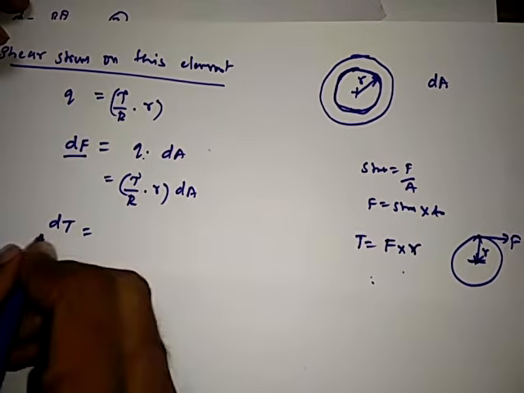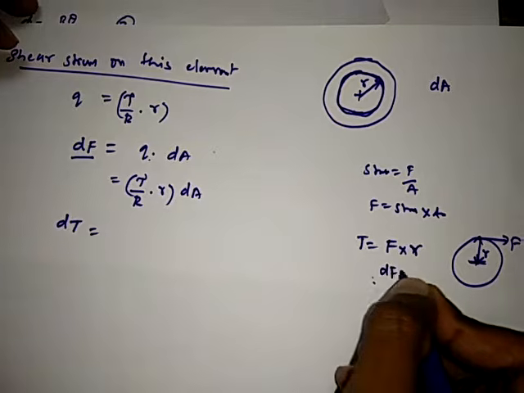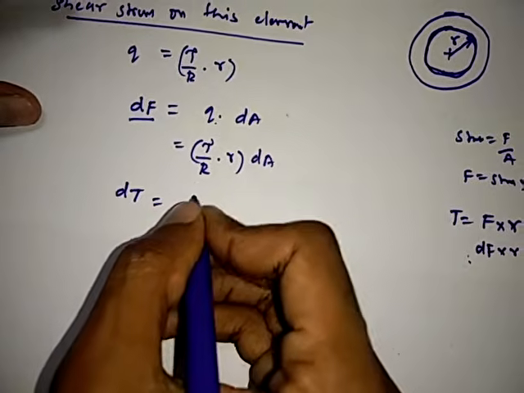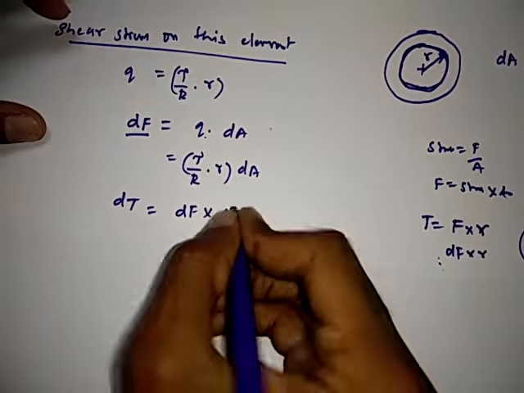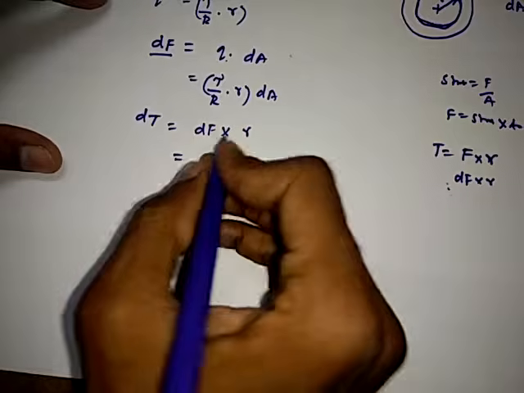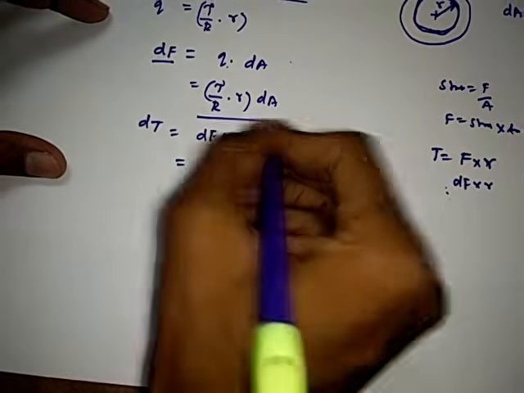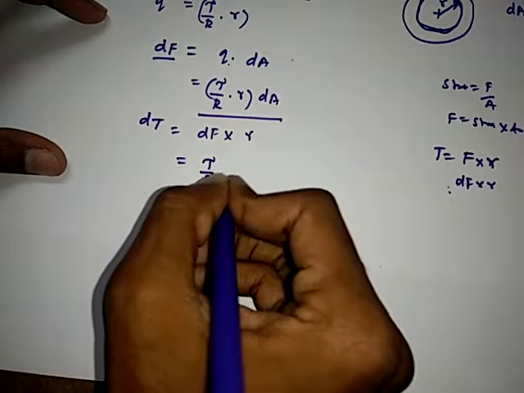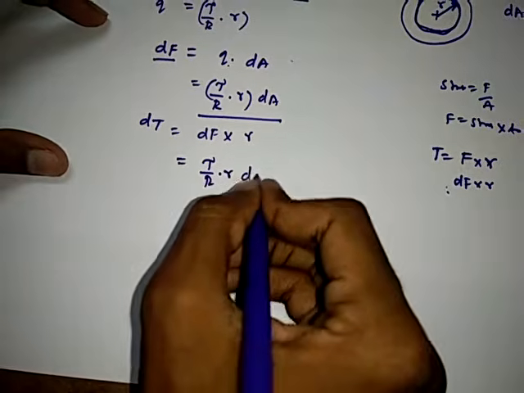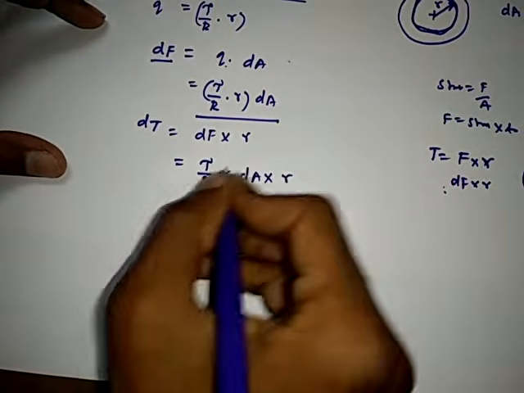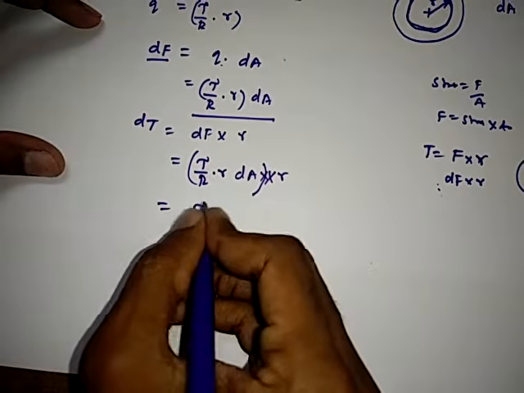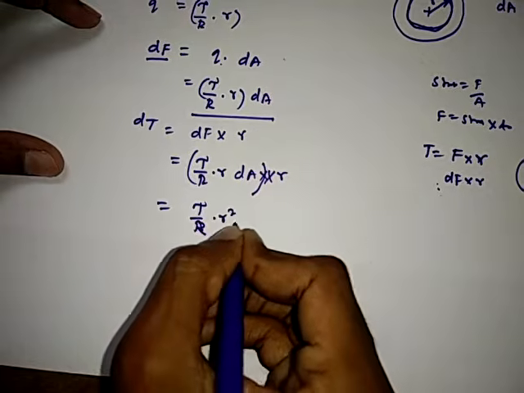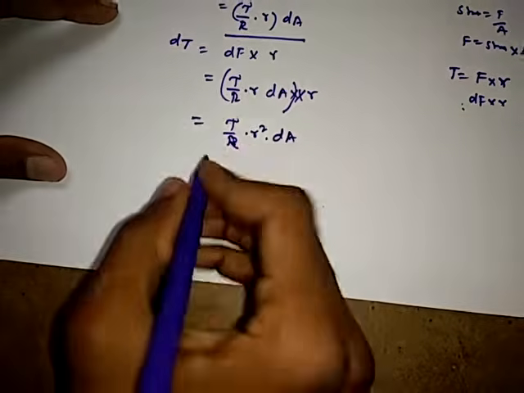So the smaller torque is the smaller force multiplied by this radius, and this force we can write from the previous one: tau by R into small r into dA, into this r. This r into r is nothing but r square dA, and this is the torque acting on this smaller element.